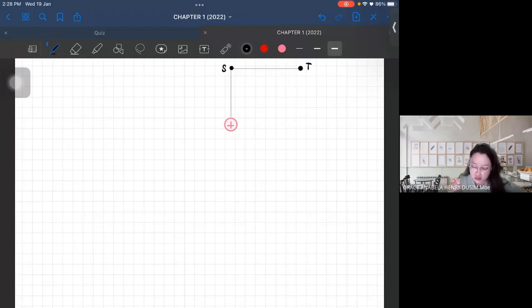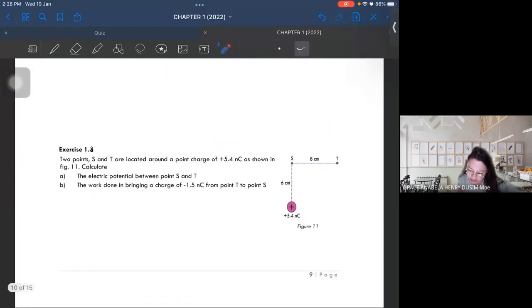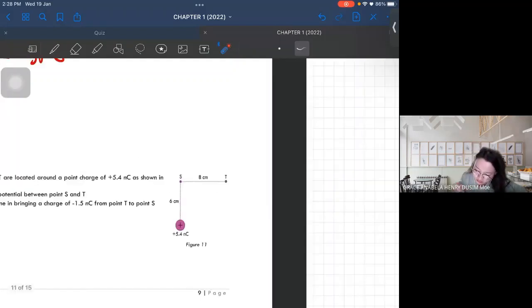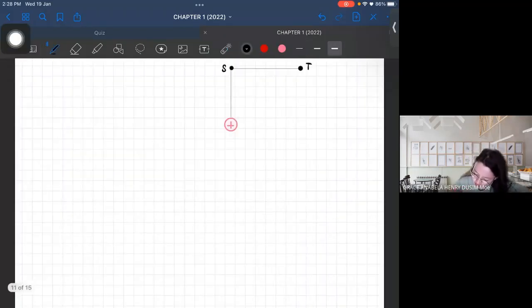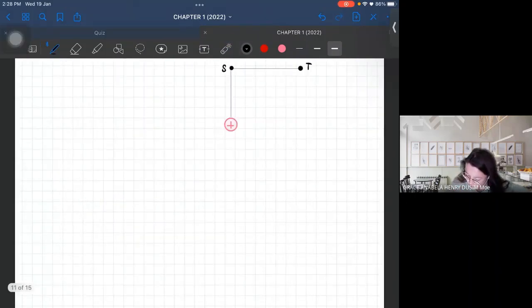Right, so the first question is asking us to calculate the electric potential between point S and T. So between point S and T is basically asking us about the delta V. This is 8 centimeter. This is 6 centimeter.